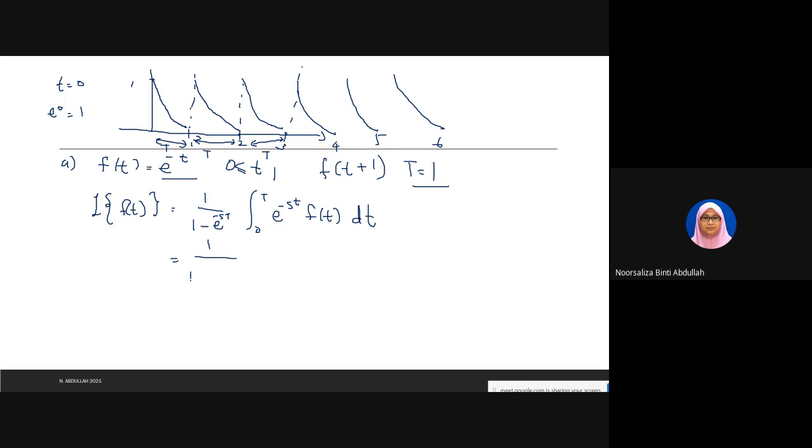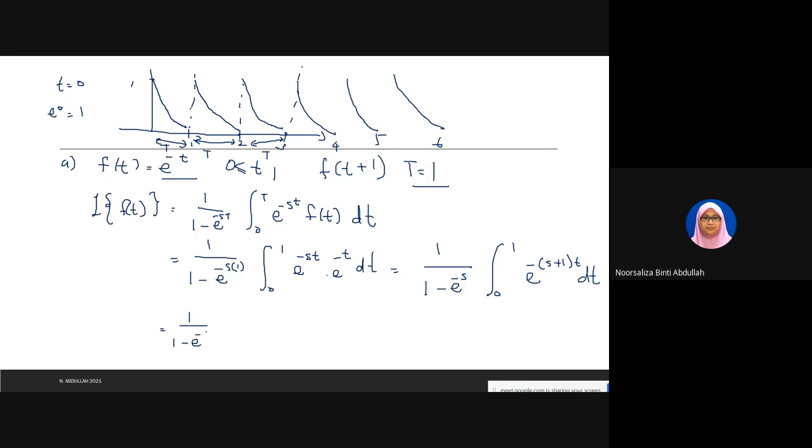So it will be 1 over 1 minus exponent minus s times 1, integrate between 0 to 1 exponent minus st, F(t) is exponent minus t dt, equals to 1 over 1 minus exponent minus s, and then you integrate from 0 to 1 exponent minus (s plus 1)t dt, equals to 1 over 1 minus exponent minus s.